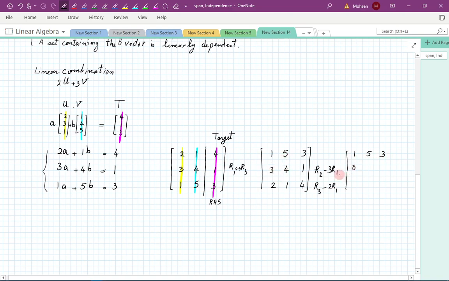The first one we get 0. 15 subtracted from 4, I get minus 11, and this one I get minus 8. This one I get 0. Subtracting twice that from here, I get minus 9, and then subtracting twice that from here, I get minus 2.